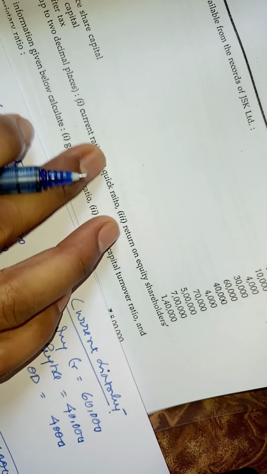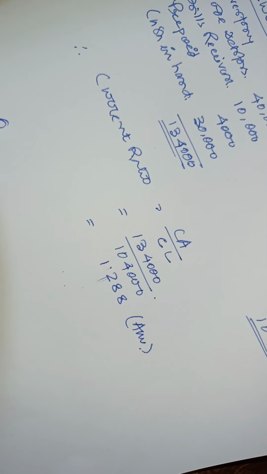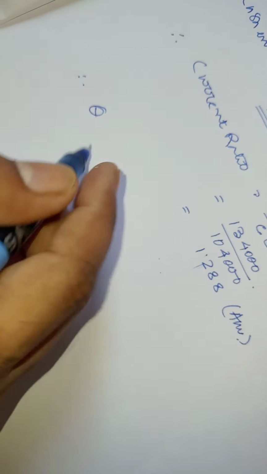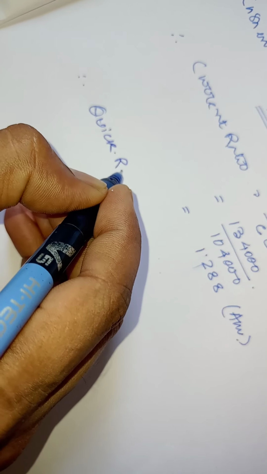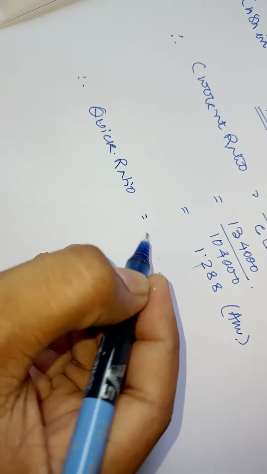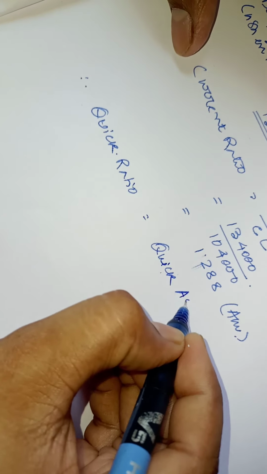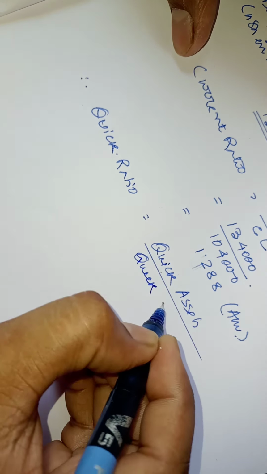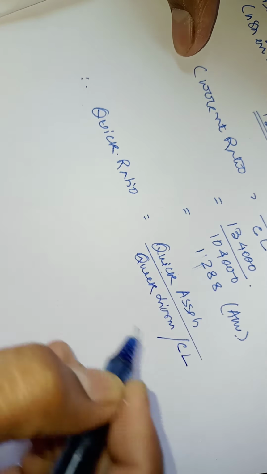Now the next one, quick ratio. What is the formula of quick ratio? The quick ratio formula will be quick assets by quick liabilities. Now it becomes current liabilities.